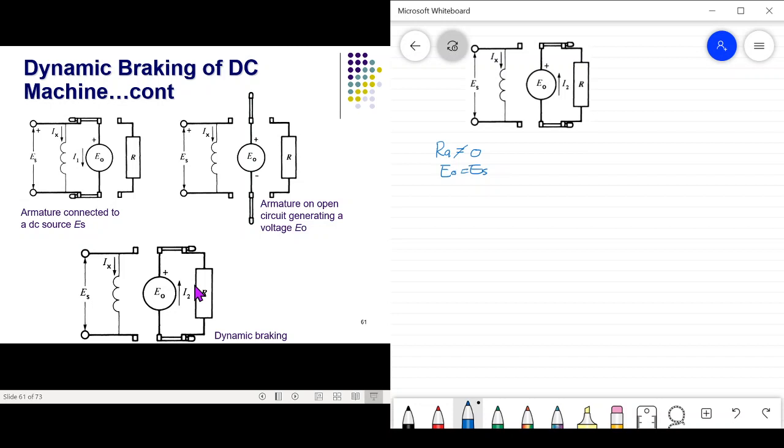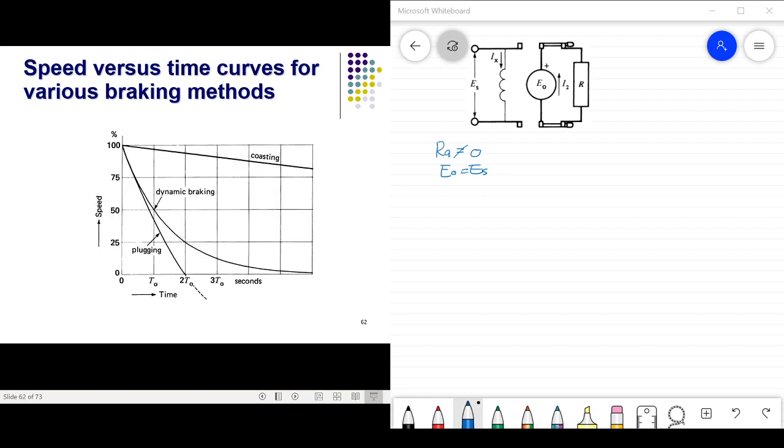As the motor slows down, the gradual decrease in E0 produces a corresponding decrease in I2. Consequently, the braking torque becomes smaller and smaller, finally becoming zero when the armature ceases to turn.